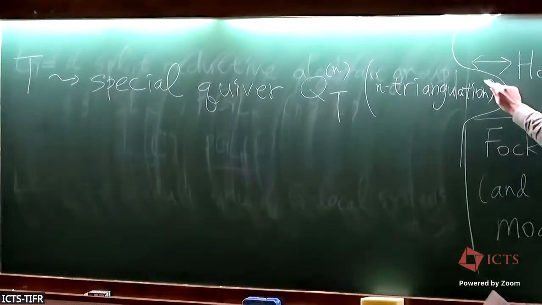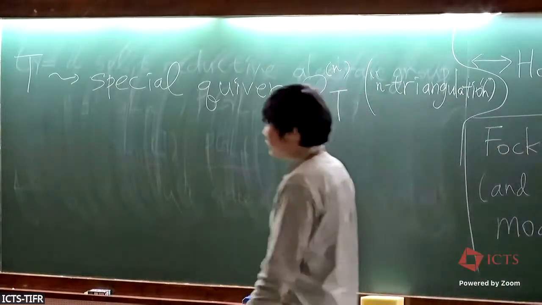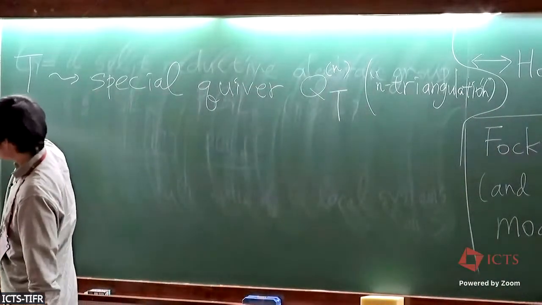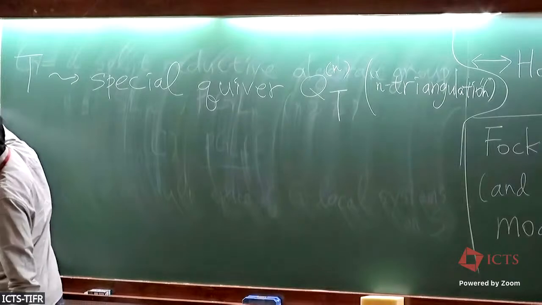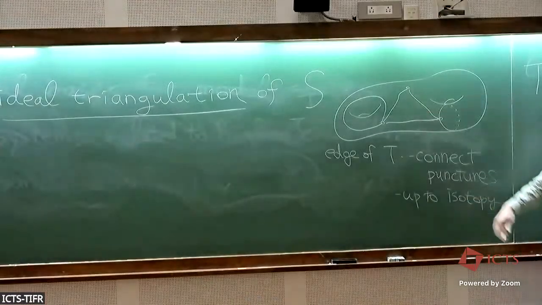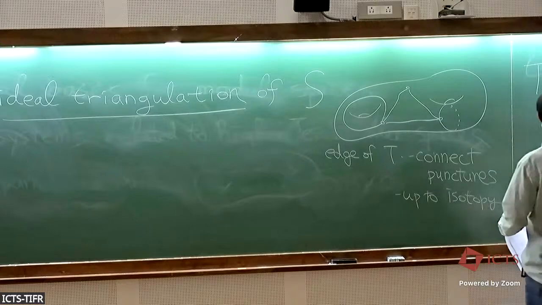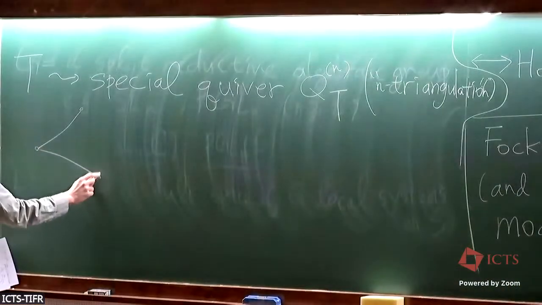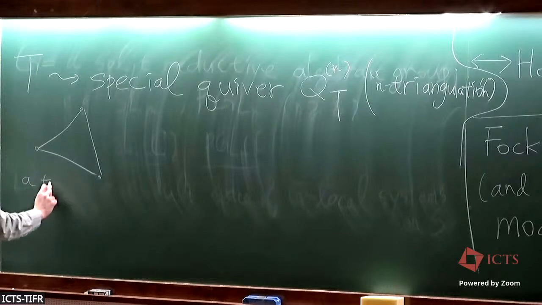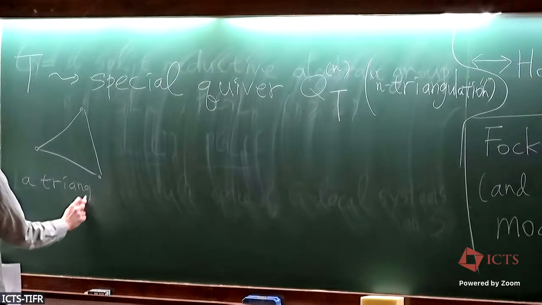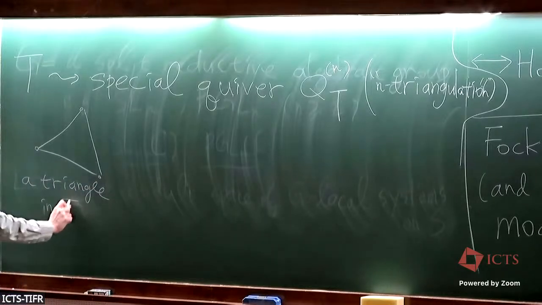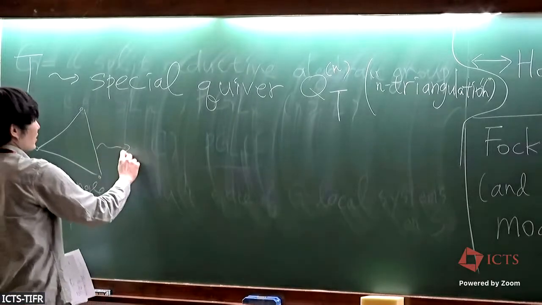So it looks as follows. If you choose a triangulation, then it consists of the edges, and then it divides the surface into ideal triangles. And for each ideal triangle, so here's a triangle formed by T, you consider the following quivers.